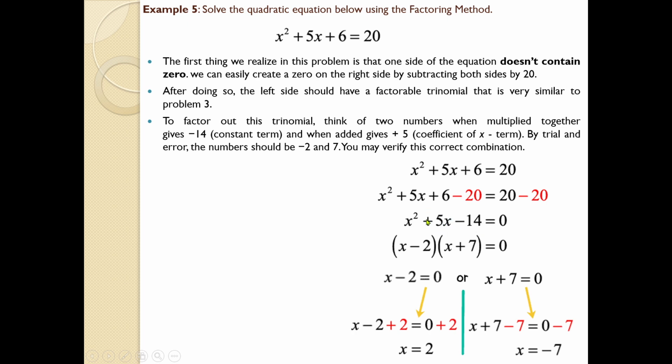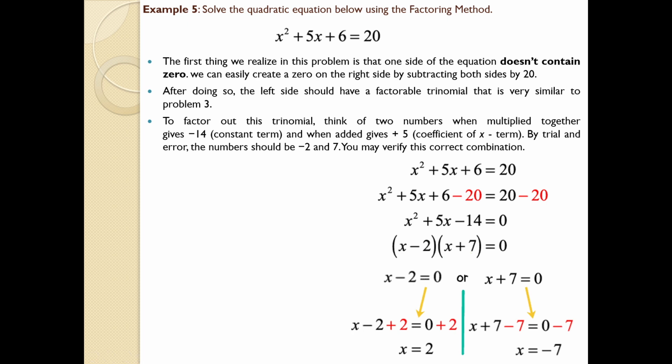And remember, the next rule or step that has to be kept in mind is, here one is plus and here one is minus, so definitely one of your assumed numbers will be a positive value and the other number will be a negative value. So it will be x minus 2 into x plus 7.